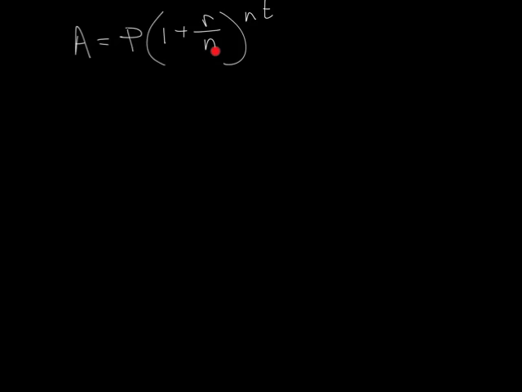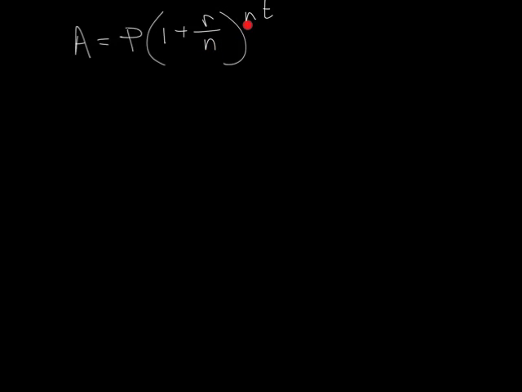Okay, so let me reemphasize. This n is how many times they compounded. So let's say the question says compounded quarterly. That means every 3 months they would give you interest. So quarterly, there are 4 quarters to a year. So quarterly is 4. So what you would put in that n position here, if it was compounded quarterly, would be 4.